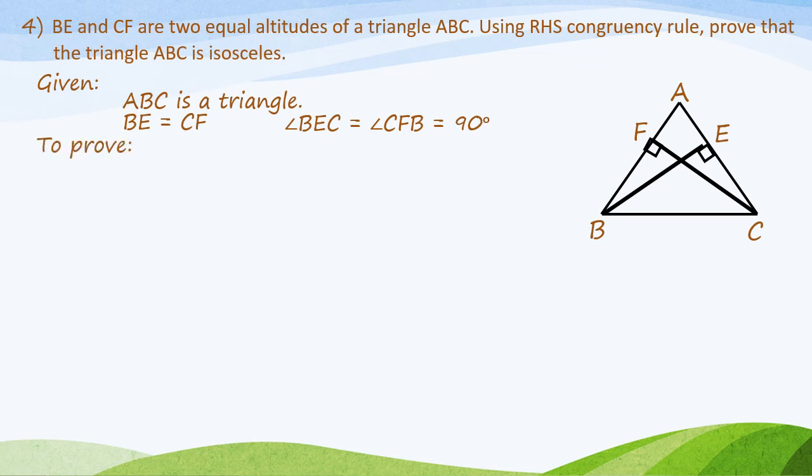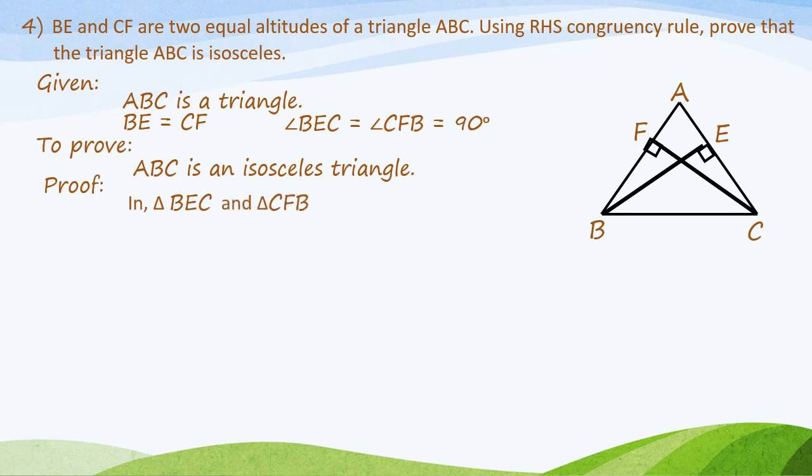Now we need to prove using the RHS congruency rule that triangle ABC is an isosceles triangle, for which we are going to take two triangles, triangle BEC and triangle CFB, in which BE is equal to FC, that is given in the question, that is, equal altitudes, and angle BEC is equal to angle CFB is equal to 90 degrees, that is also given in the question.